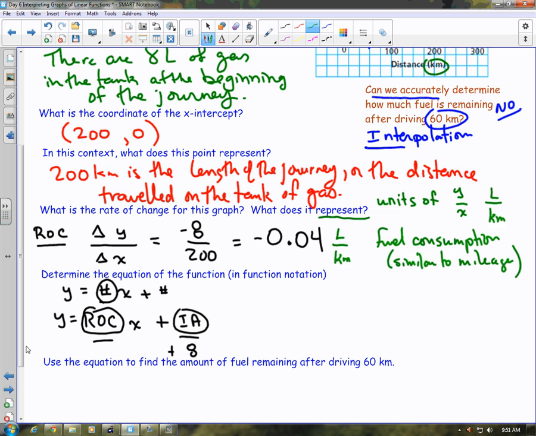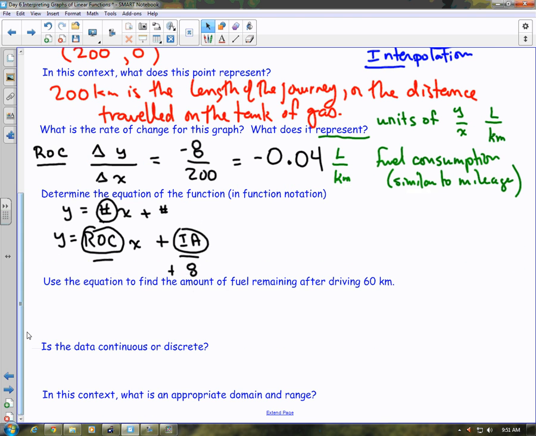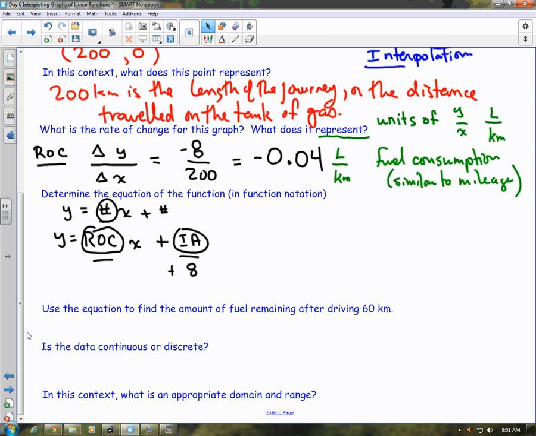So in terms of our equation, determine the equation of the function, we want the rate of change here. So y is equal to negative 0.04x plus 8. Now that's generic, because it's just x and y.